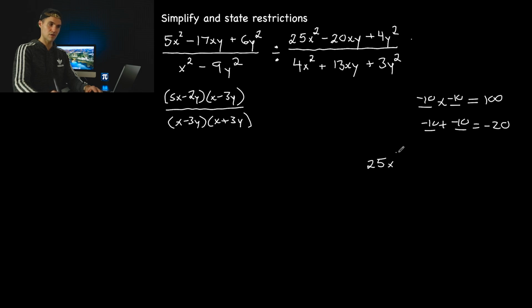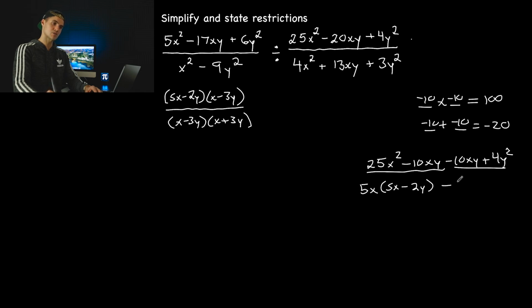So if we take 25x squared, if we decompose that middle term into these two terms, negative 10xy plus 4y squared, what can I factor out of these two? I could take out a 5x, right? So 5x minus 2y. And then from these two, I could take out a minus 2y. 5x minus 2y, like that, right? Taking out negative 2y from the 10xy, I have 5x. 4y squared divided by negative 2y is negative 2y.